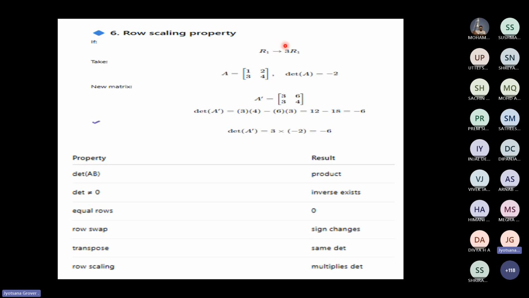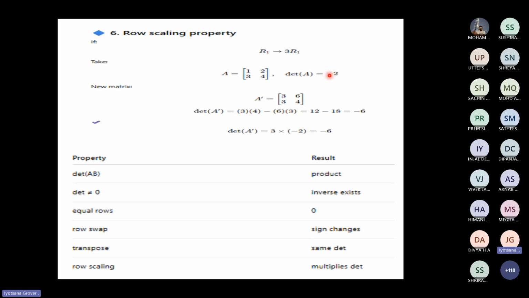And once you scale row 1 by 3, that means you multiply row 1 by 3, it changes your original determinant by 3 times. Its determinant is minus 6, which is 3 times the original determinant.